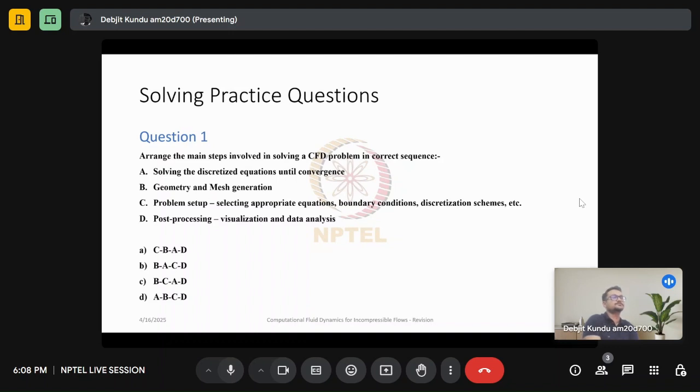So go through the steps carefully, arrange them in a correct order, and then see if you can find your correct order in the options given below.